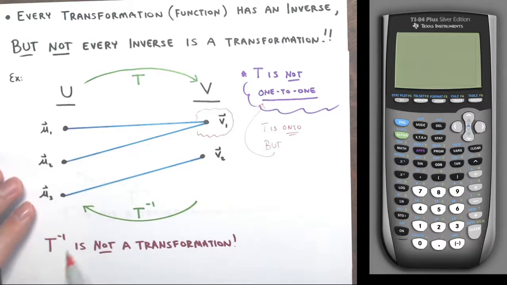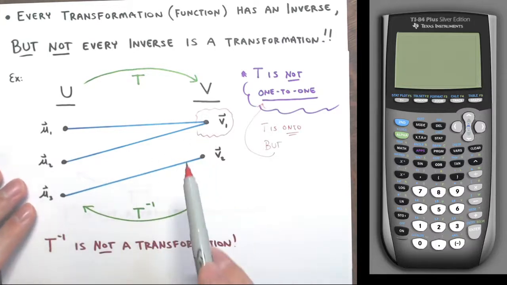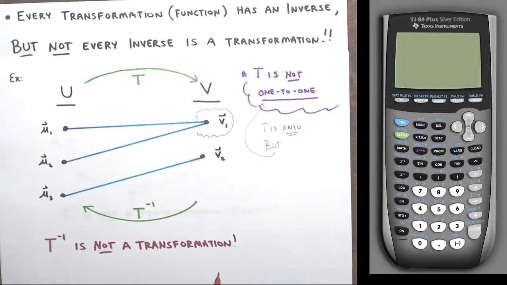Now V2 is fine, but as soon as you find one element of the domain that doesn't map to exactly one element of the codomain, you do not have a transformation. You do not have a function. So again, T inverse is not a transformation in this case.